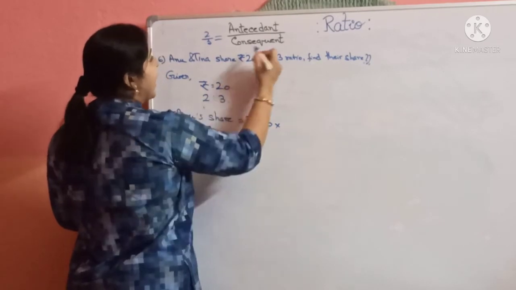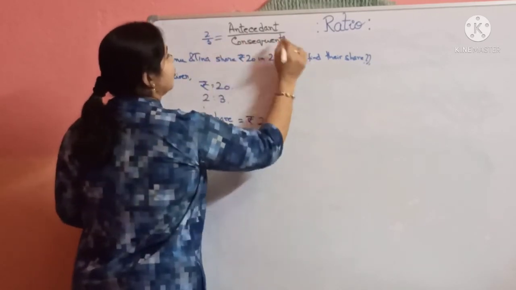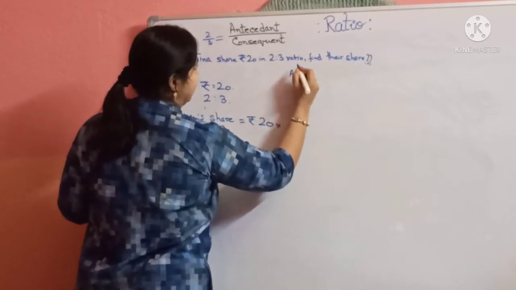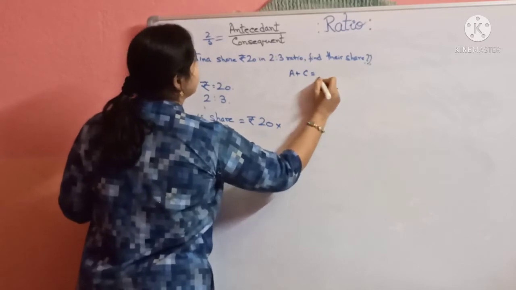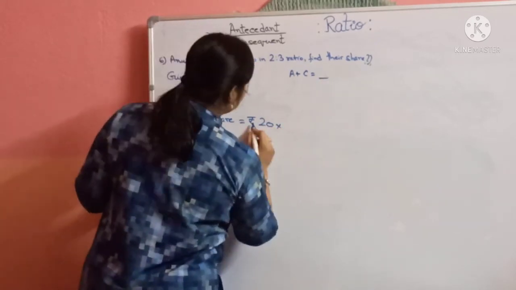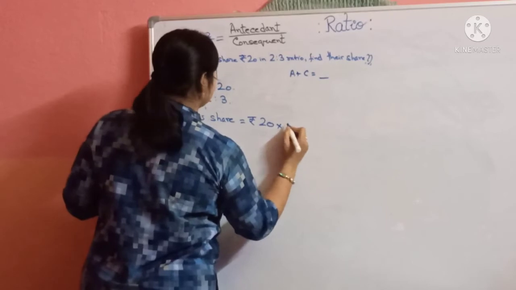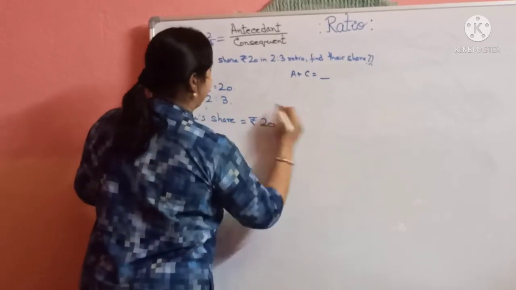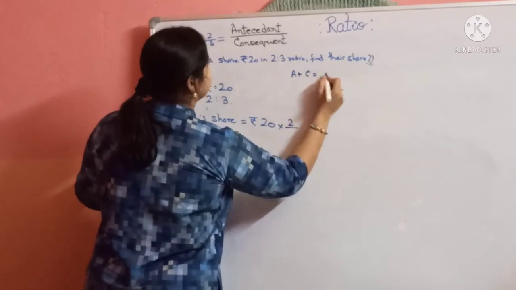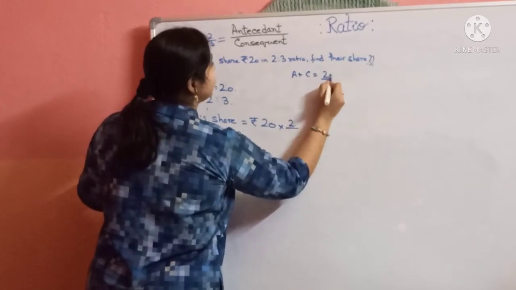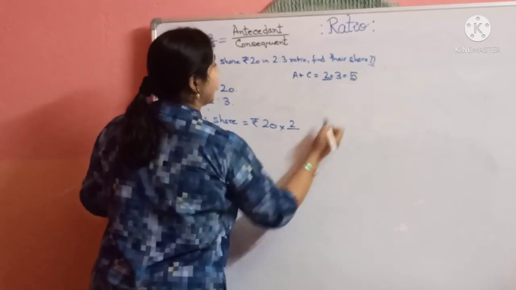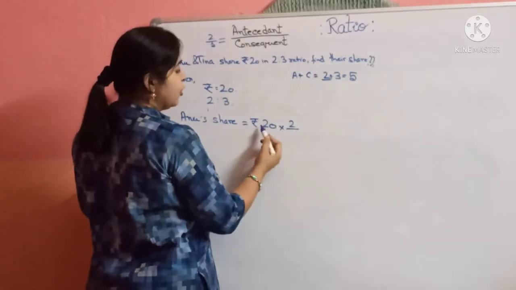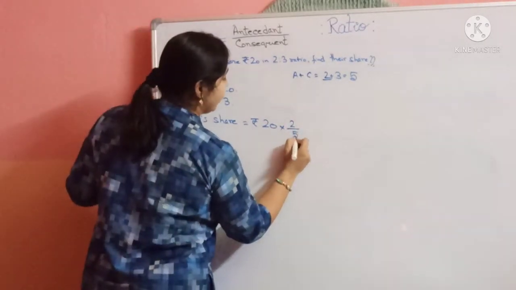We will add the antecedent and the consequent and we will get our divisor. So rupees 20 into, what is Anu share? 2 by, and what is antecedent plus consequent here? 2 plus 3, that is 5. So for finding out Anu share, we write rupees 20 into 2 by 5.